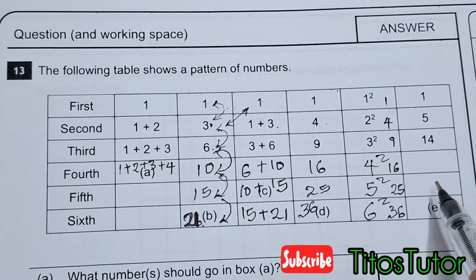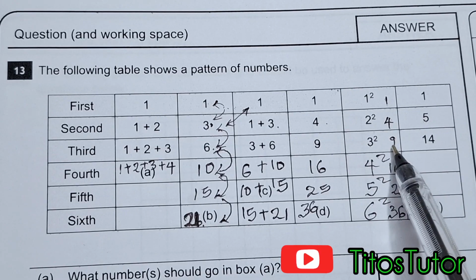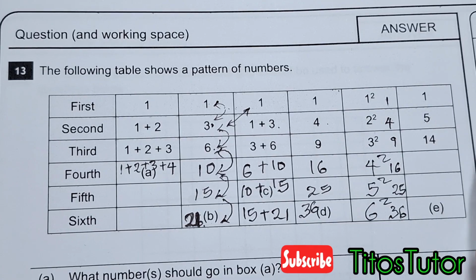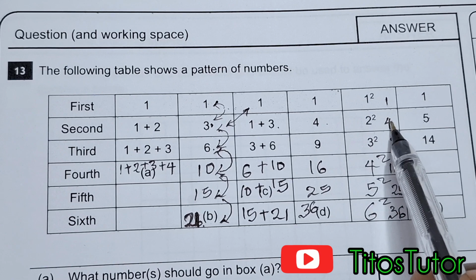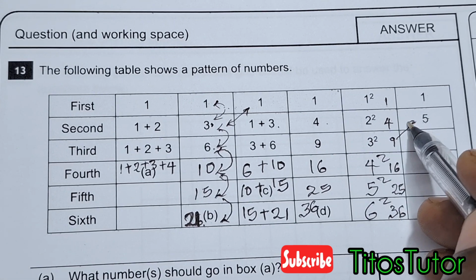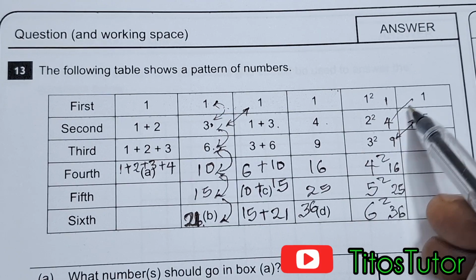You can see how you reason it. So 1 plus 4 is 5. Then 5 plus 9 is 14, because 4 plus 9 isn't 14. So it's connected like this. Can you see? Then this is connected like this.